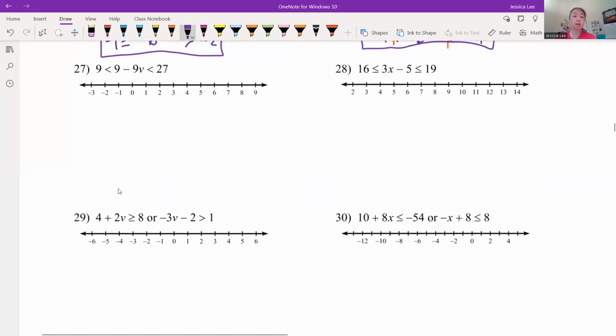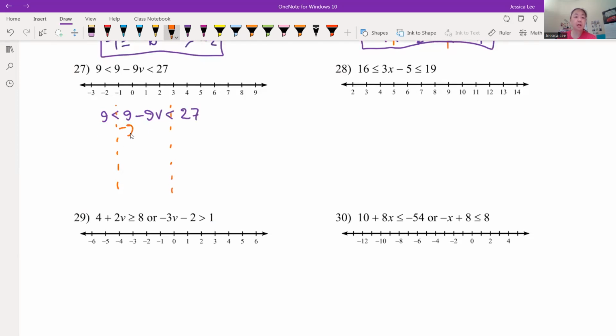All right, and we're going to go on to the next ones right here. Oh, do you see how these are ands? Right? Those are different. So here we go. -9 is less than 9 minus 9v, less than 27. A lot of 9s going on. So here again, here's our left side, here's our right side, and our middle's right here.